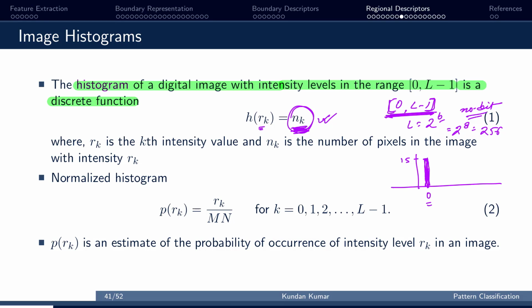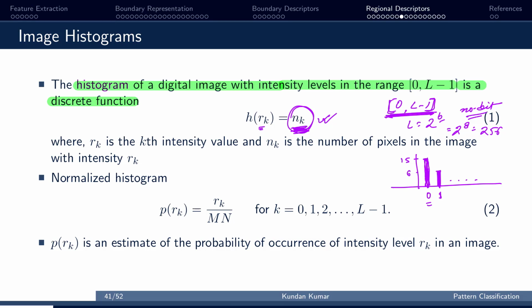Suppose we have counted intensity level 1 six times, then we have to draw our bar up to 6 at 1.